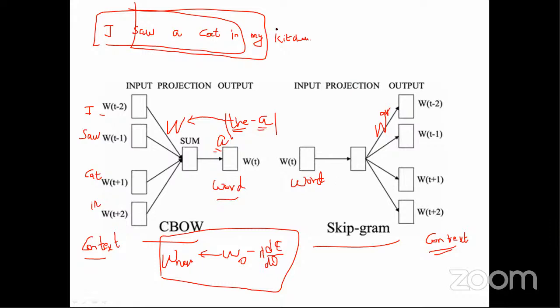Now the next question is which model is efficient. Two questions are related to the model. Again, in CBOW the context is the input and the word is the output. Here one word, the input, is used to predict the left 2 words and right 2 words. That's the skipgram model.